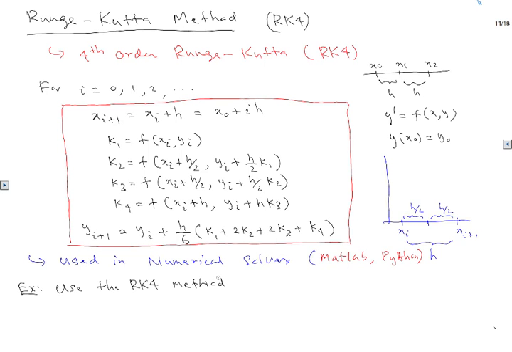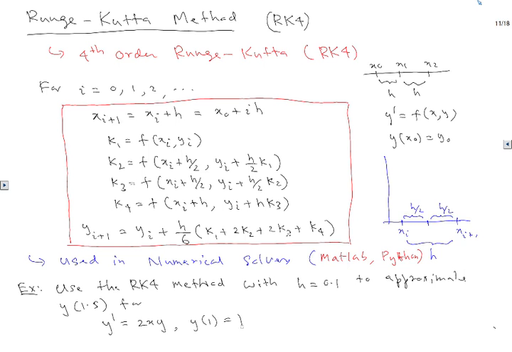Okay, use the Runge-Kutta fourth order method with h equal 0.1 to approximate y(1.5) for the same problem, y prime equal 2xy along with y(1) equal 1.